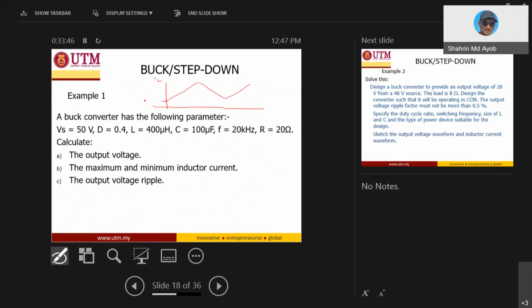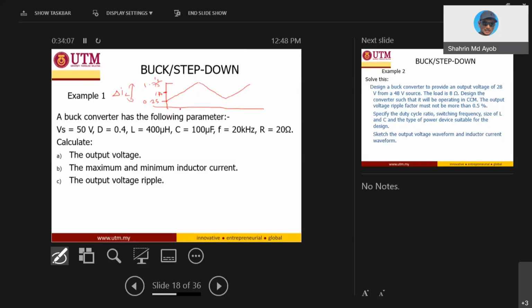So my minimum is 0.25, my maximum is 1.75, right? And then at the center here is your IL average, which is 1 ampere. Between I max and I min, that is your delta IL.